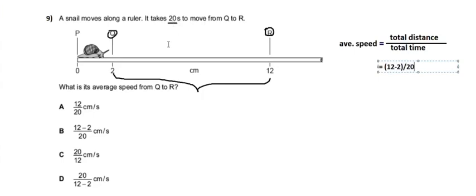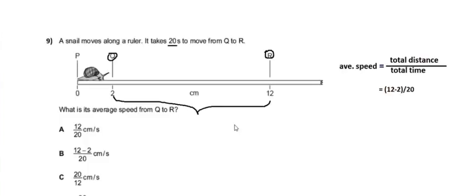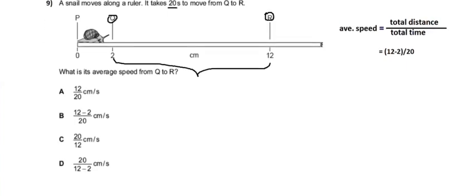In this case the journey is along a straight line only, so there is no difference between distance and displacement. Whenever it is a straight line, the distance and displacement are the same. That's why we calculated PR minus PQ, which gives 10 by 20 centimeters per second is the value.